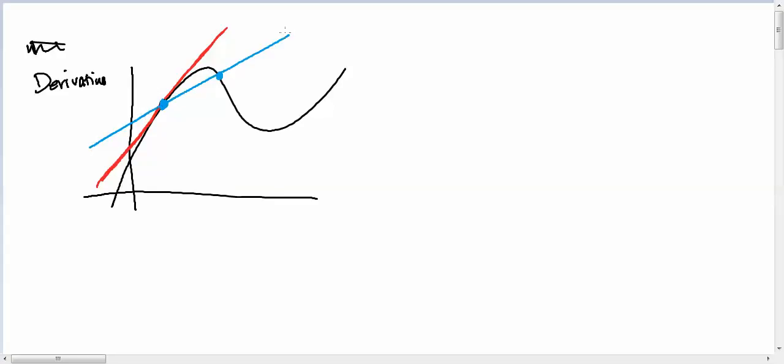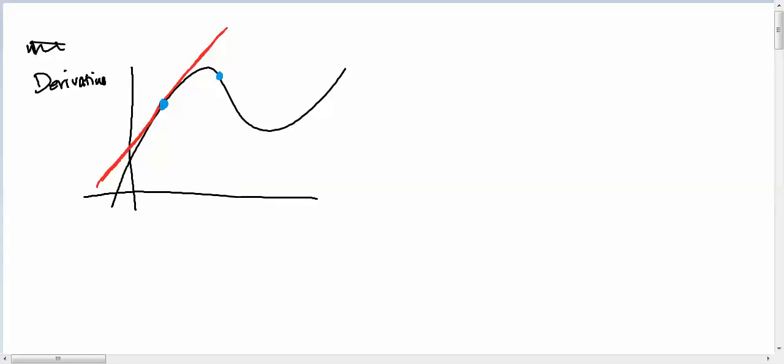Can you find the slope of that blue line? Yes. Absolutely. I'm going to show you what I'm going to do first, and then we'll actually do it. You can find the slope of that blue line. Correct. Good.